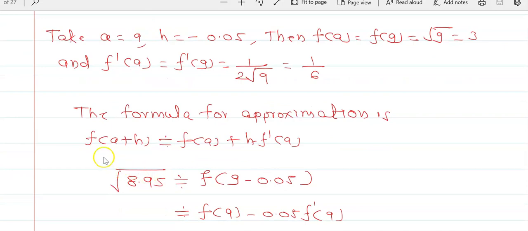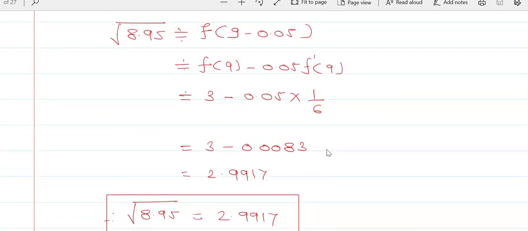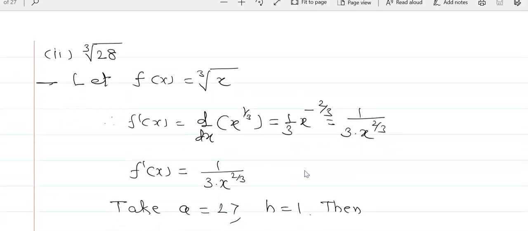This is the formula: f of a plus h is approximately equal to f of a plus h into f dash of a. If we substitute all these values, then you will get root of 8.95 is equal to 2.9917.